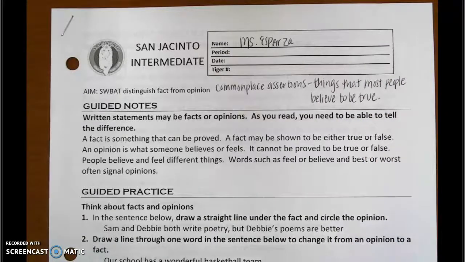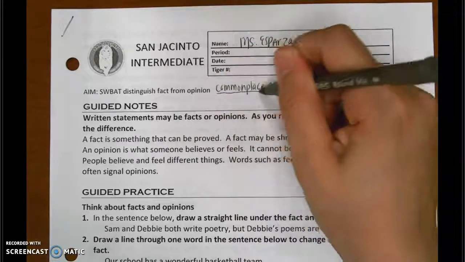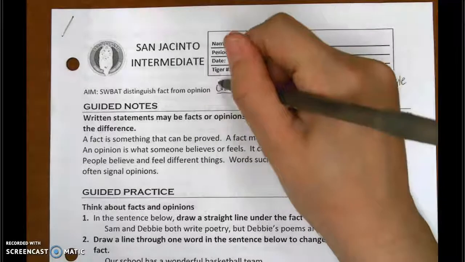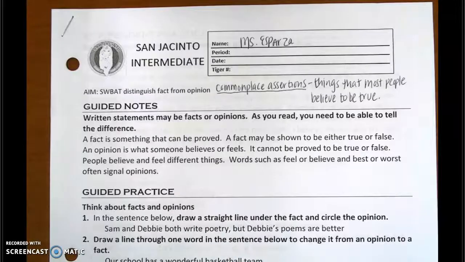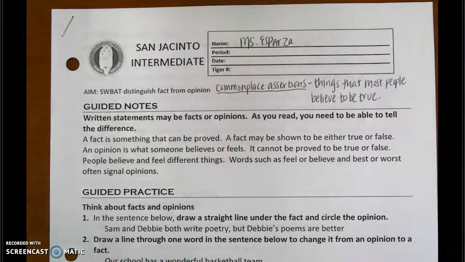So it might not necessarily be true, but it's just something that most people believe to be true. For example, many people believe that if you go swimming right after you eat, then you'll get cramps in your stomach. Science has proven that that's not necessarily true, but it is a commonplace assertion, and people still wait a significant amount of time before they want to go swimming after they eat.